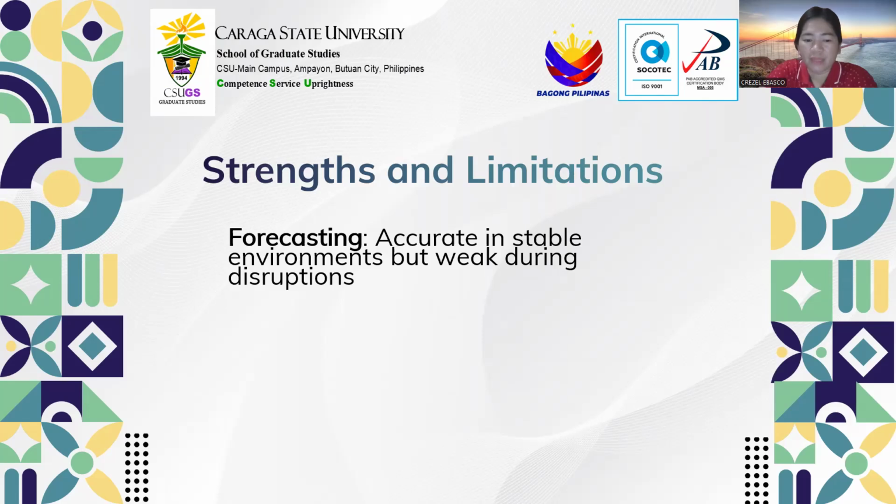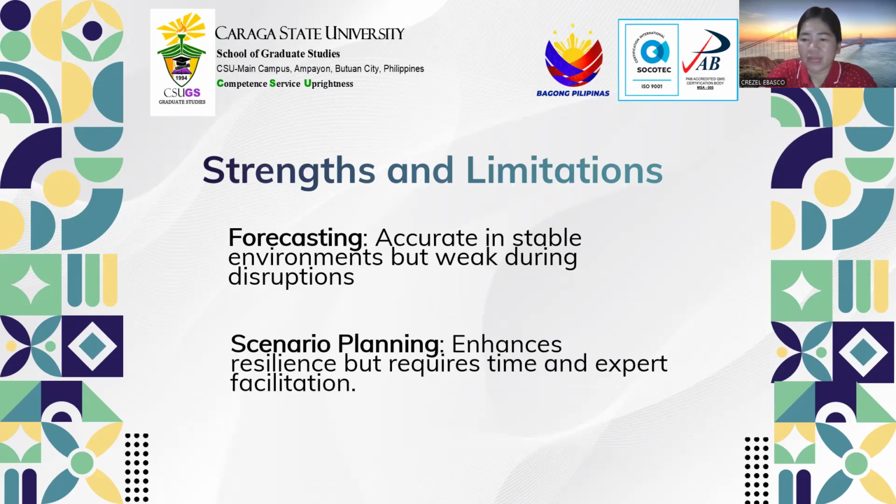However, unexpected events such as pandemics or economic crises reduce its accuracy. Scenario planning enhances resilience but requires time and expert facilitation. Meaning to say, scenario planning addresses uncertainty by preparing organizations for multiple possibilities.